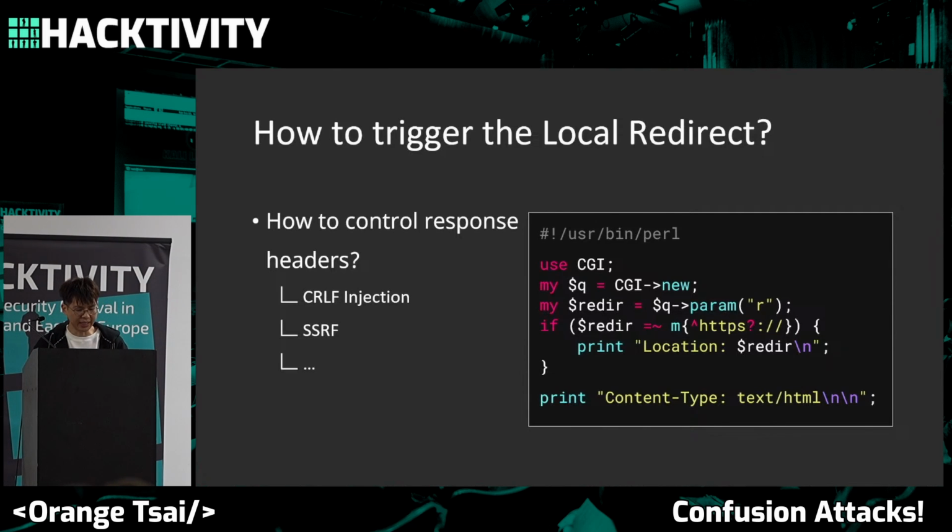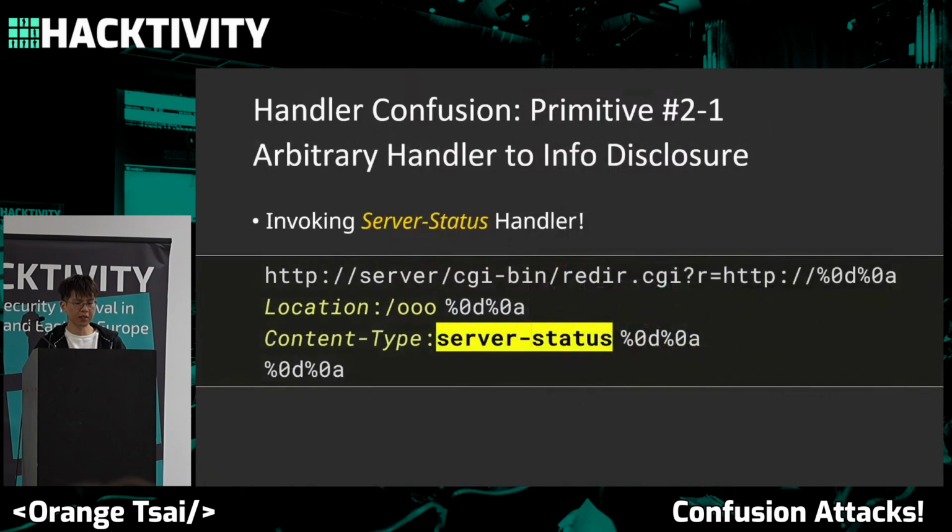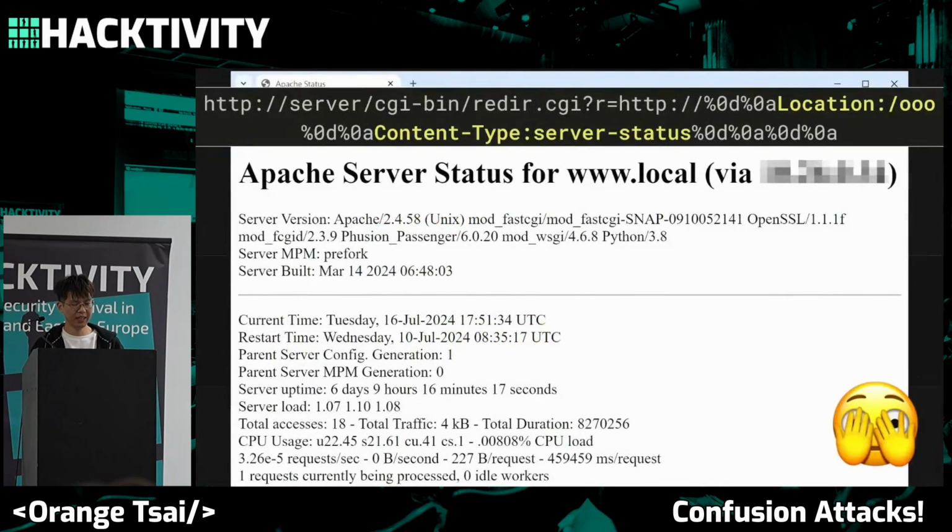In the normal case, a CRLF injection in the HTTP header will be treated as an XSS because there is no other server-side processing. However, today, you can override the content type to a handler called server-status. And then you can leak sensitive information that should be only accessible from local.